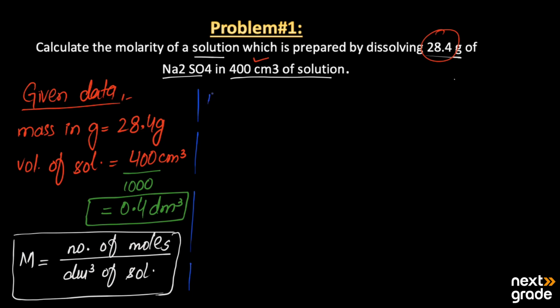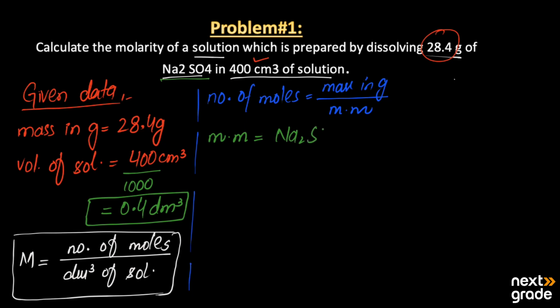The formula for the number of moles is mass of substance in grams divided by the molar mass. We don't have the molar mass of sodium sulfate, so first we will find it. The molar mass for sodium sulfate, Na2SO4, needs all atomic masses.